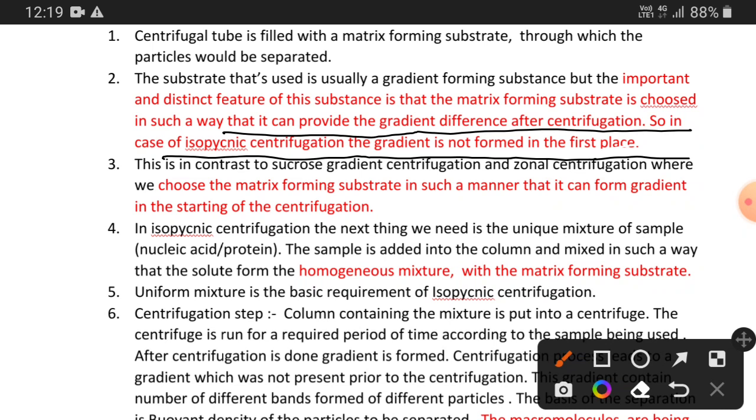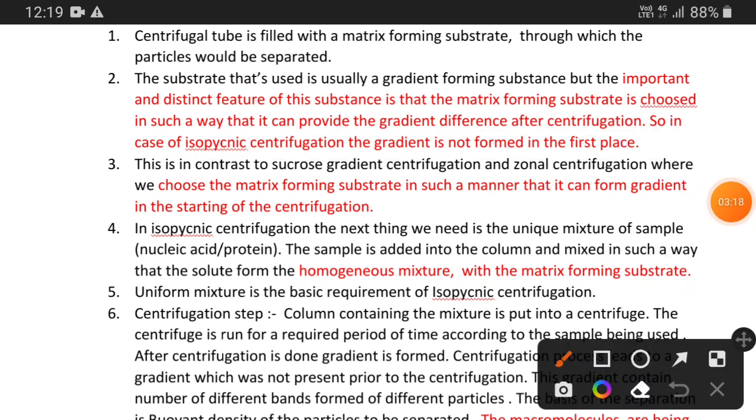So we have taken matrix forming substances in a centrifuge tube. The second step is a uniform mixture of the sample that we want to separate. Here the term uniform is very important. It is the basic requirement for any isopycnic centrifugation. The solution should be uniform.